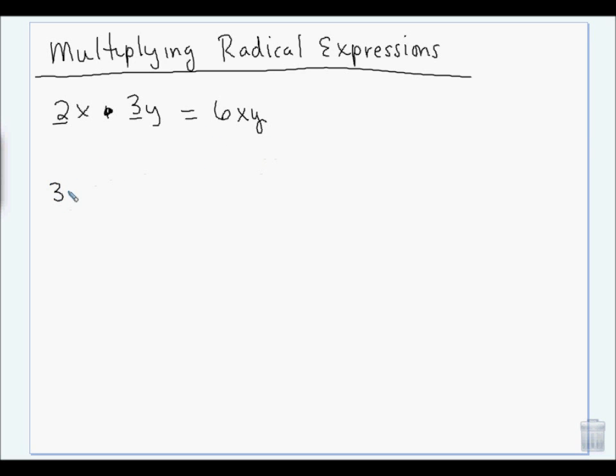If I have 3 times the square root of 2 times 2 times the square root of 6, I'm going to multiply the 3 and the 2, and then I'm going to multiply the square root of 2 and the square root of 6. So 3 times 2, and then times the square root of 2 times the square root of 6. So that's going to give me 6 times the square root of 12.